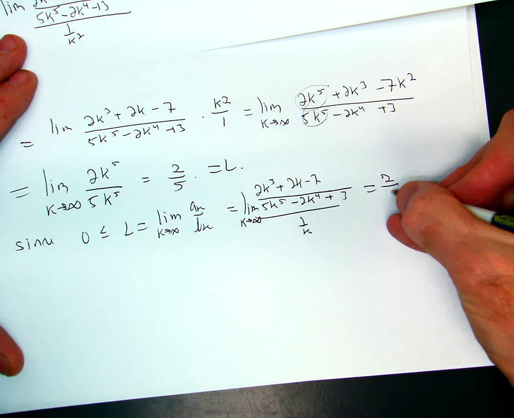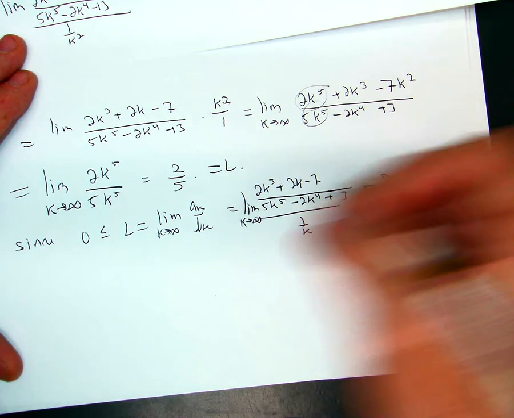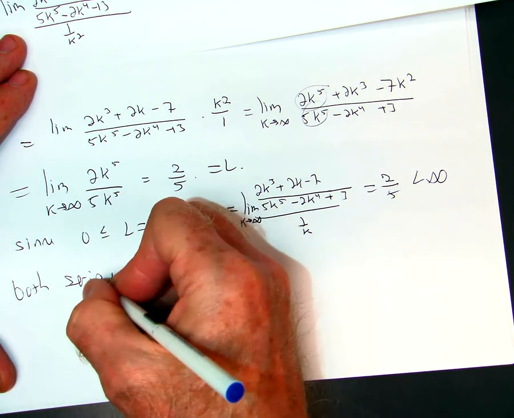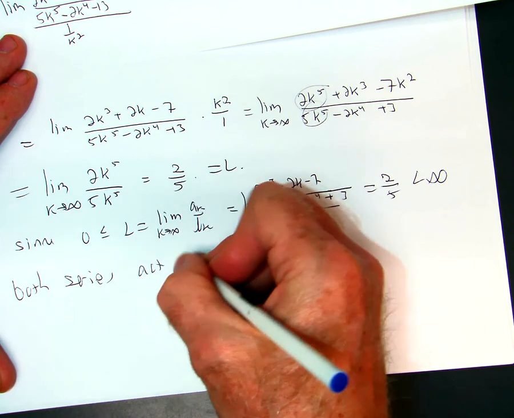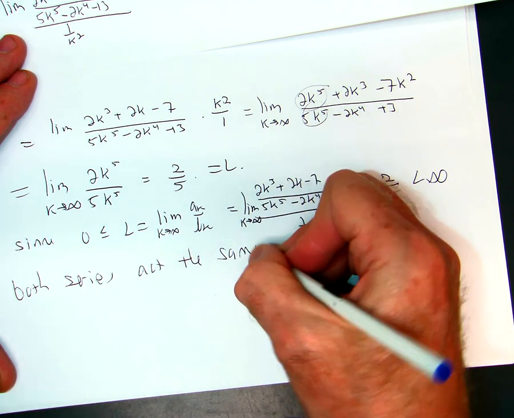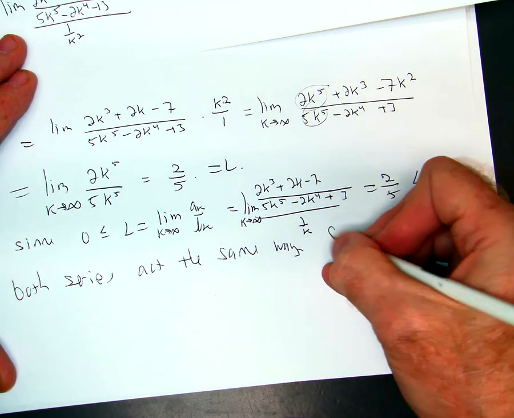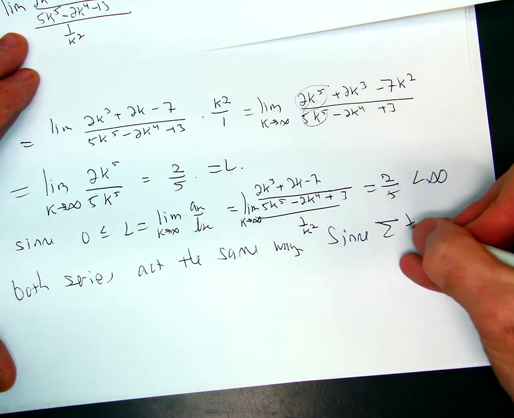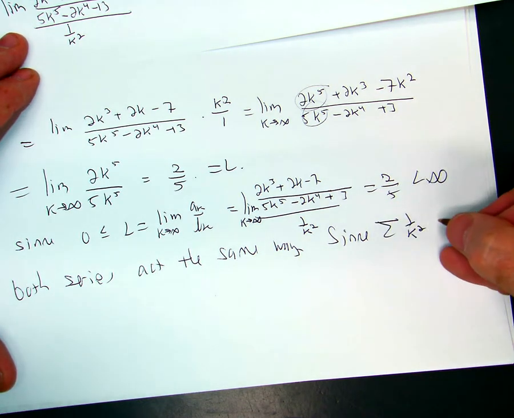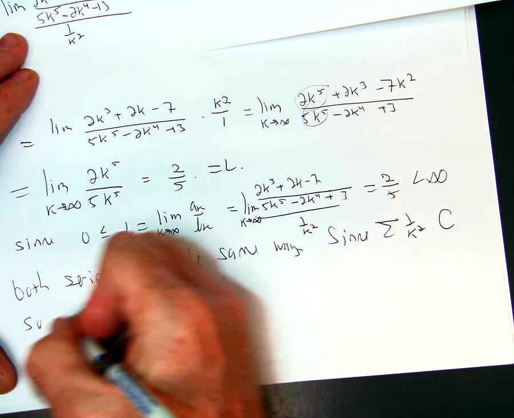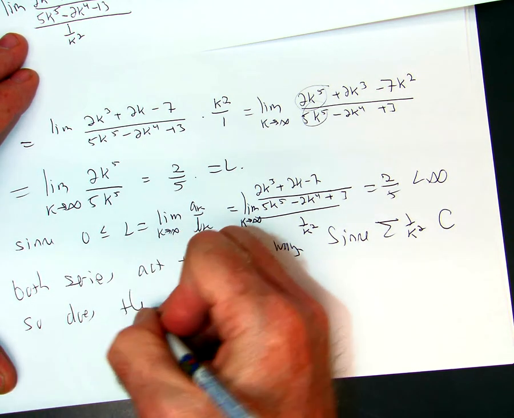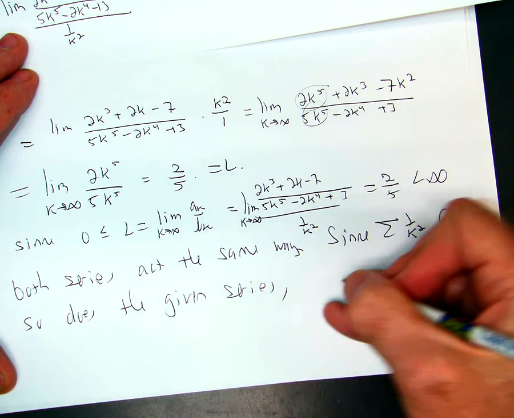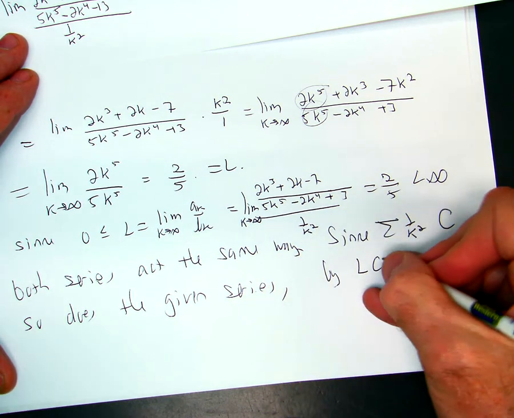Equals 2/5, which is less than infinity. Both series act the same way. Sorry, that's K squared. Since 1 over K squared converges, so does the given series. And that's by the limit comparison test.